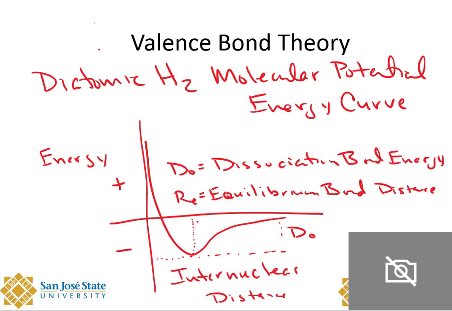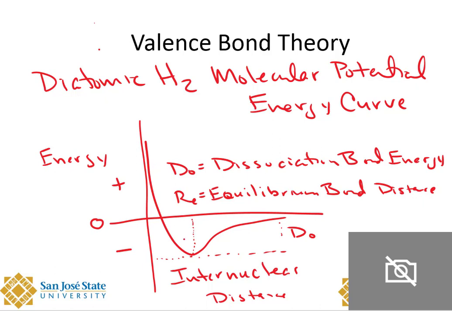And when we look at this diagram, you'll notice a couple of different things. One is that we go from a stabilizing to destabilizing force. And so what you can understand is as the nuclei get too close to one another, then the energy comes greatly up because the nuclei are becoming too close to one another and therefore are actually repulsive.